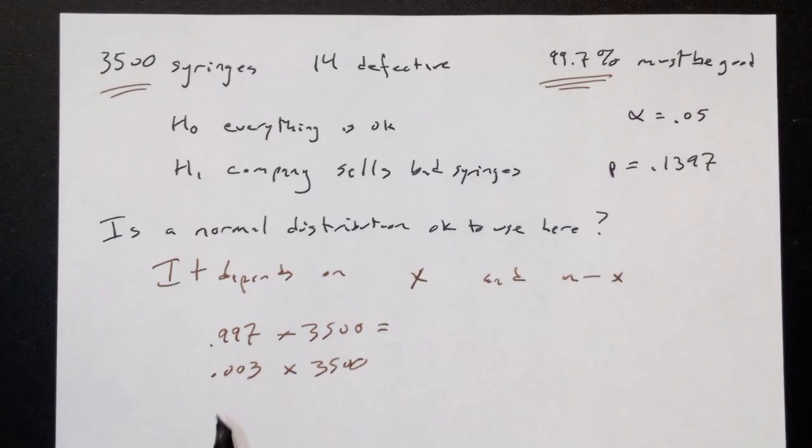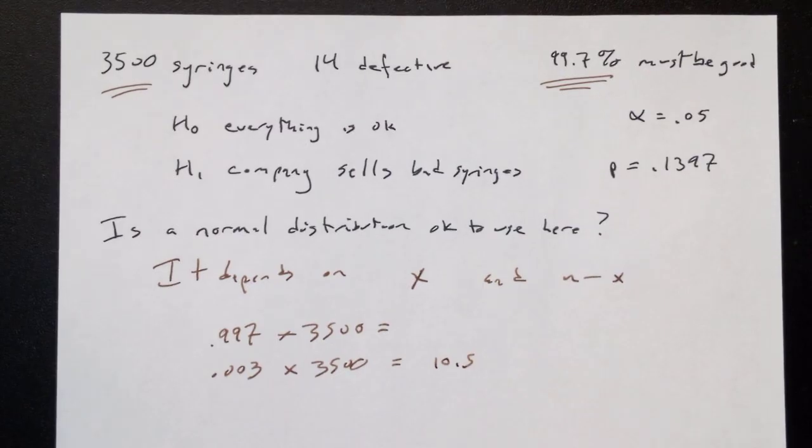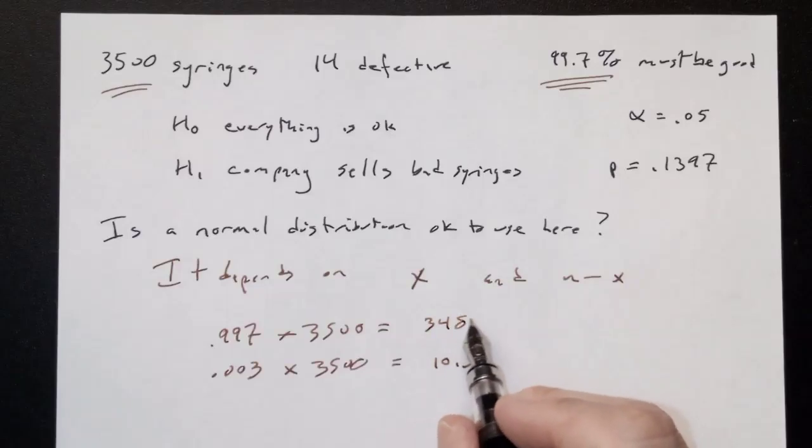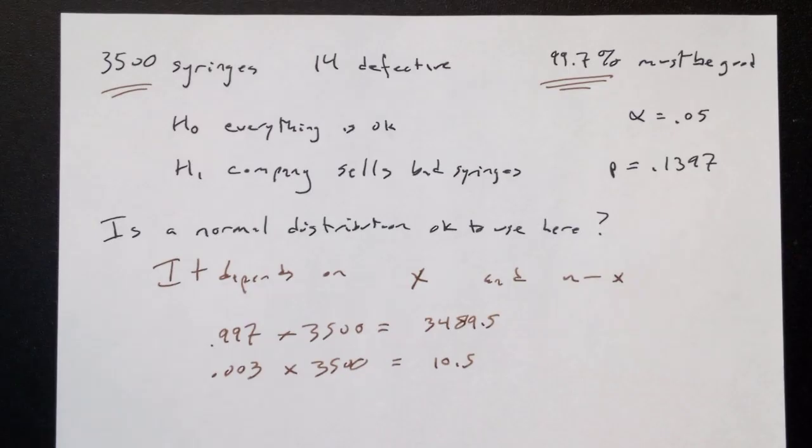And in this case, 0.003 times 3,500 is bigger than 10. And this one is definitely bigger than 10, isn't it?